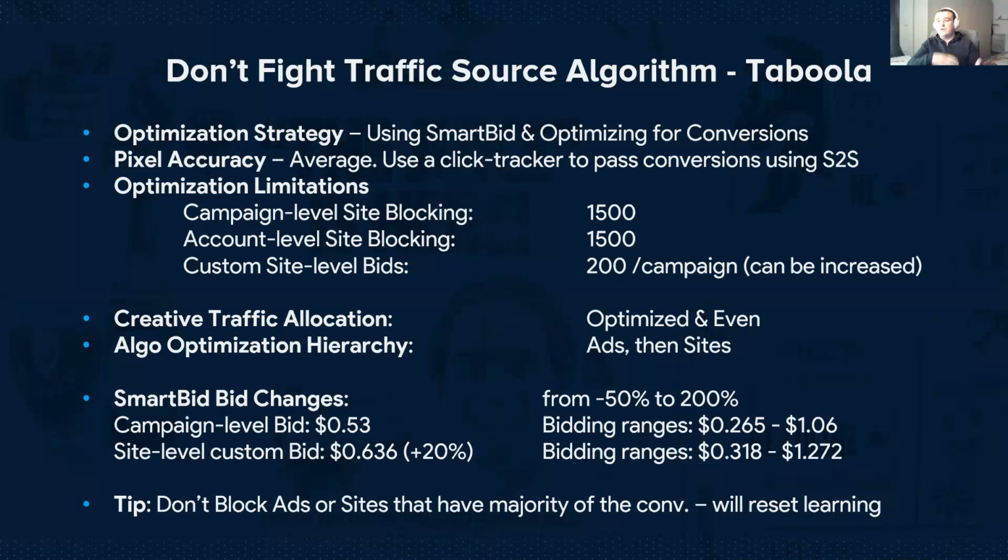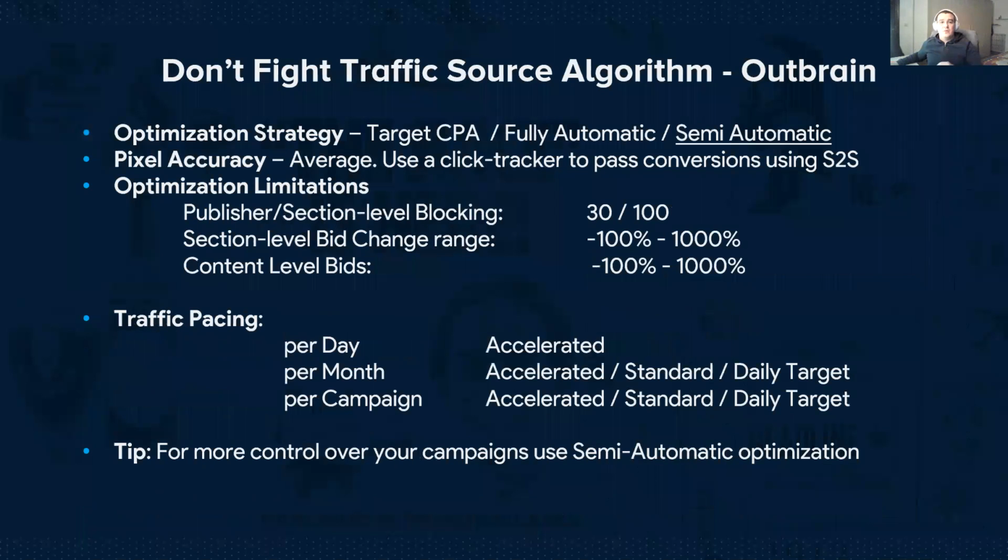And on the site level, if we increase this bid by 20%, let's say it goes to 63 cents, then the smart bid can play from 31 or 32 cents up to $1.27 per click. So this is pretty much an overview of Taboola.